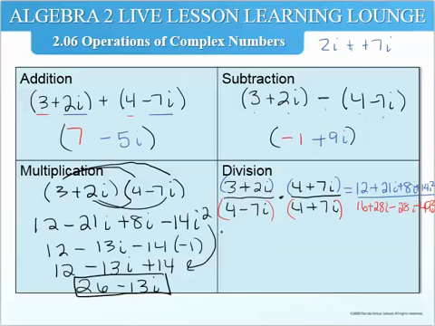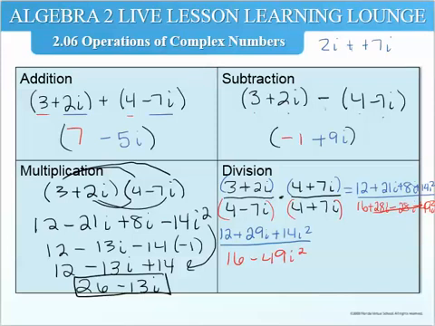In the numerator, we have 12 plus 21i plus 8i is 29i, and we have positive 14i squared. In the denominator, we have negative 28i and positive 28i, which cancel, and we're left with 16 minus 49i squared.